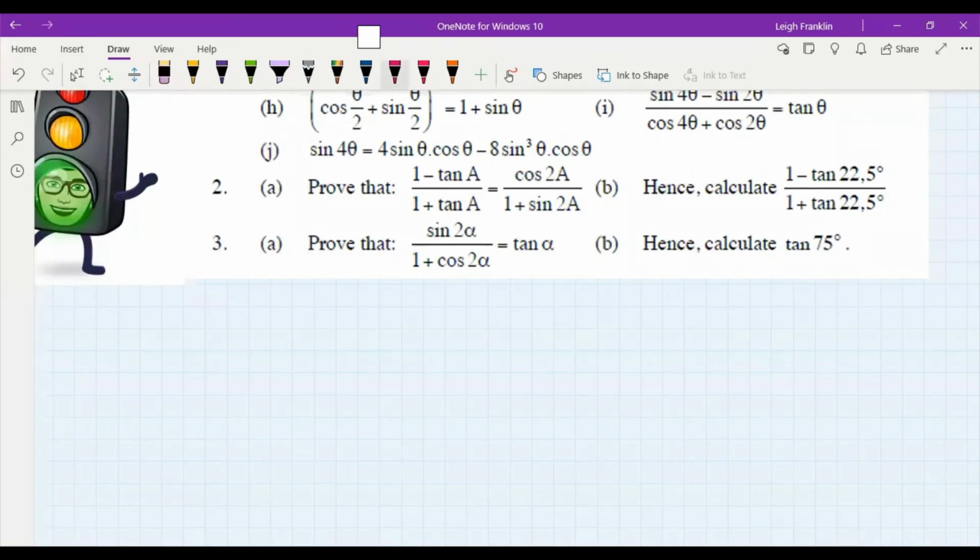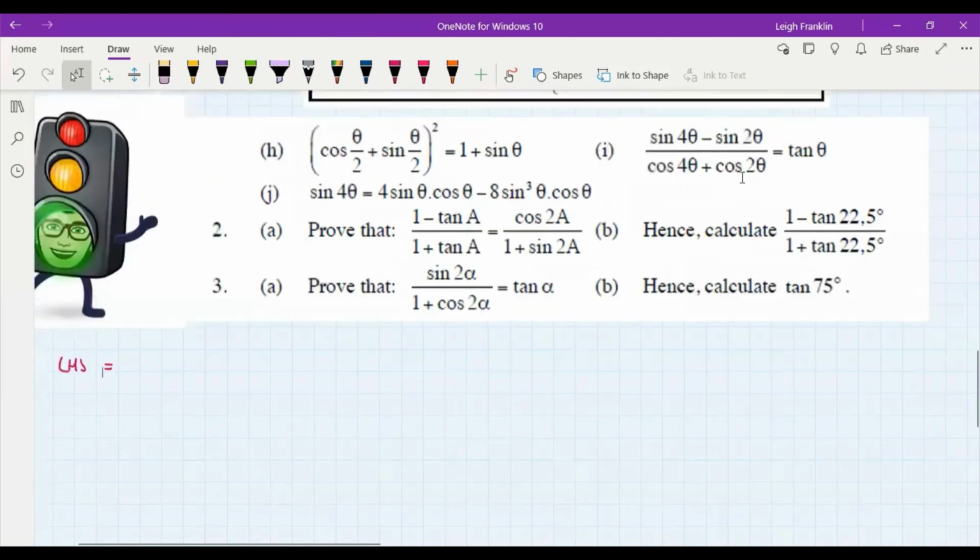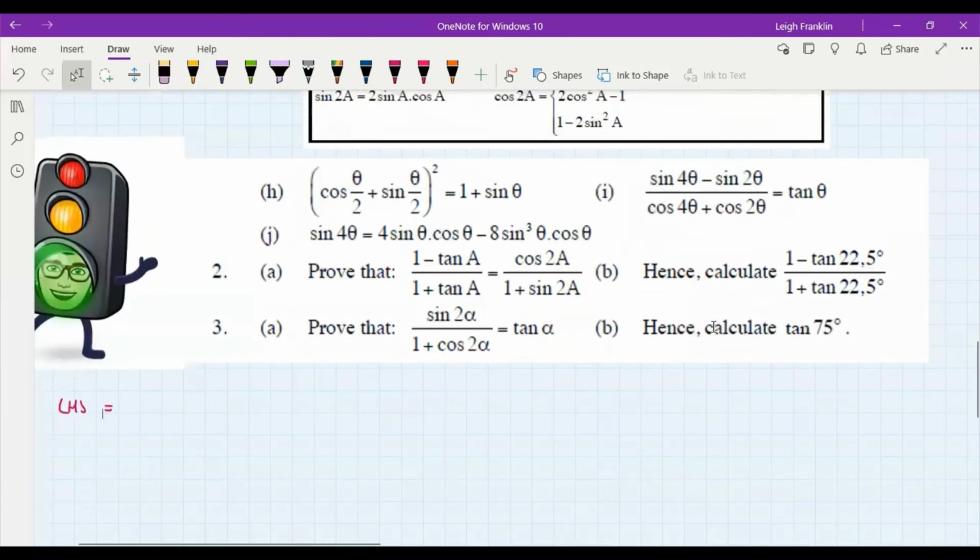Okay, so in question I, we have been given on the left-hand side sine 4 theta minus cos 2 theta. All right, so that means that in this case, this sine 4 theta and this cos 4 theta are really functioning as the double angles.